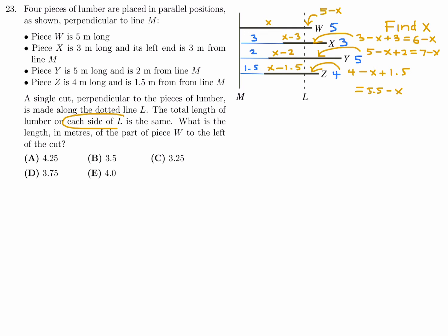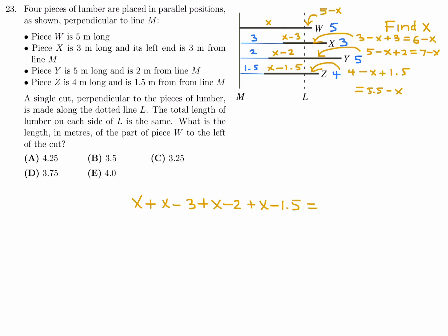Now, this piece of information is very important, obviously. It tells us that what's on the right side is equal to what's on the left side. So what is on the left side? We got these 4 guys, so let's add them up. We have X plus X minus 3 plus X minus 2 plus X minus 1.5.